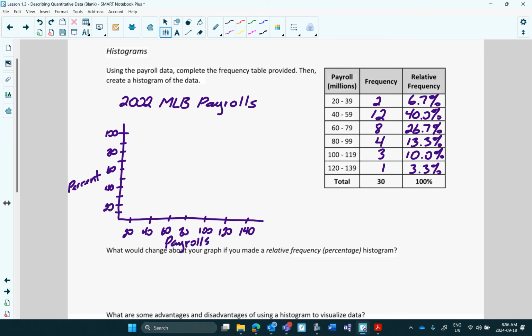And now we put in the percentages. So for 20 to 40, we're going to make a bar. And it's going to be 6.7%. So it's going to be pretty low. For the next bar, it's going to go right next to the first bar up to 40%.